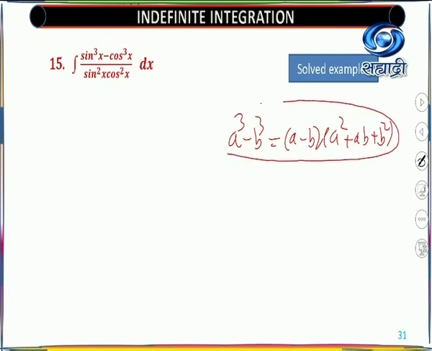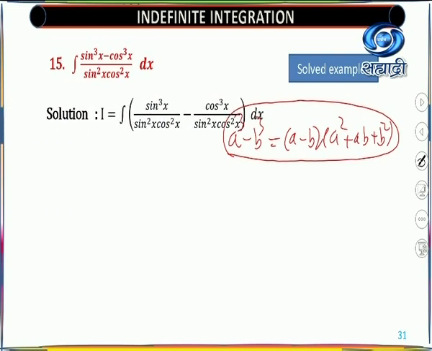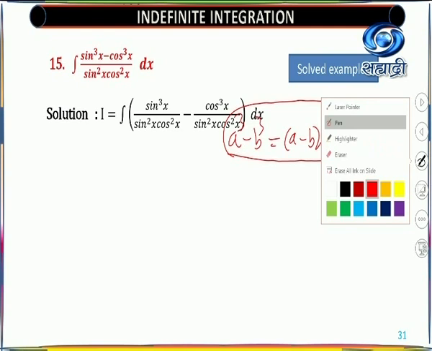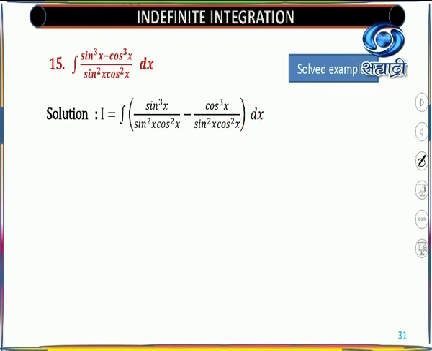Either you are able to use this formula or (a plus b) bracket cube also. So we'll begin with that. Once you begin with that, you separate out the denominator. There is another method in which we are separating. This method I have discussed; you are able to solve by this method also.